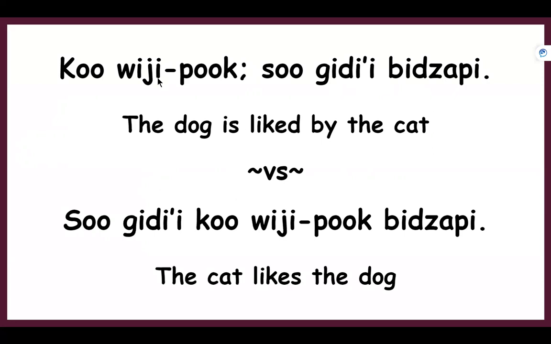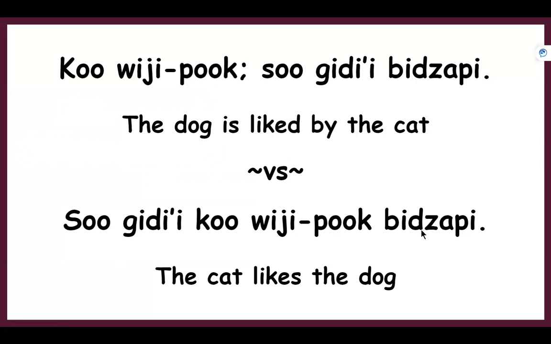And so how do we know that the dog is the one that is liked? Because ku designates this noun as the object, where su designates this noun as the subject, regardless of sentence order. And I know it's kind of like a curveball, and we're not going to be using this much until later in the courses, but generally we'll say sugiri kuwijipu kubidzapi.